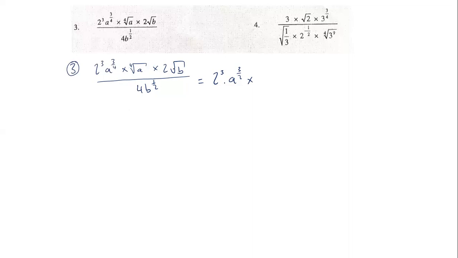We have the 4th root of a, so that means you're going to have a to the power of 1 over 4, multiplied by 2 to the power of 1, and then we have the square root of b. Let's express that in terms of exponent. So we have b to the power of 1 over 2, and therefore we divide by, so again, we have our exponent.